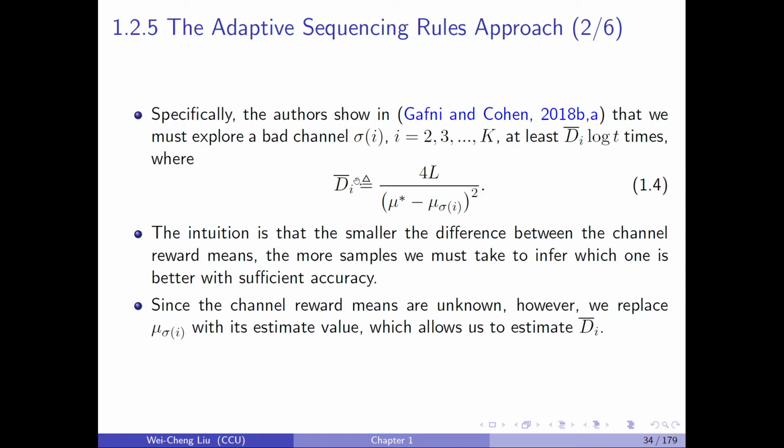So we have reviewed that d bar I is defined as 4L over mu star minus mu sigma of I squared. But what is mu star and mu sigma of I? Let us review these two symbols.